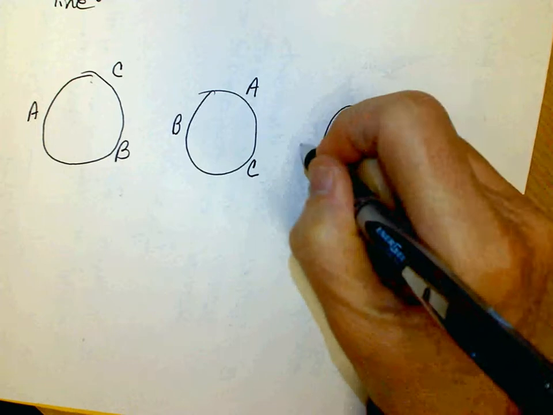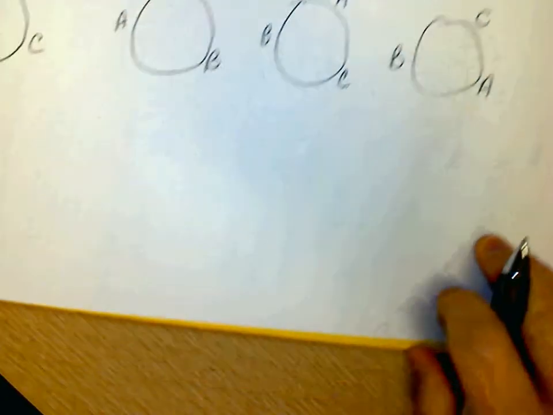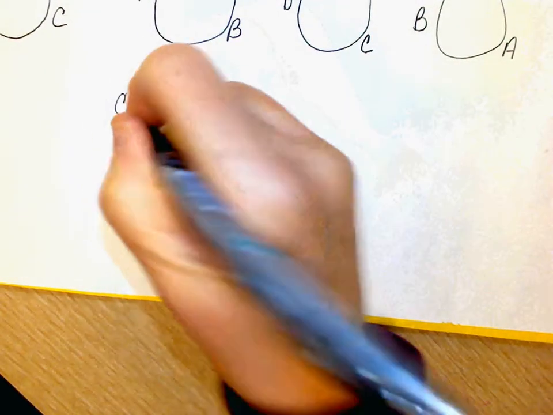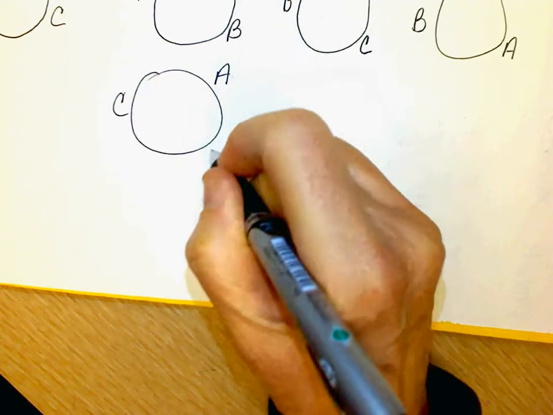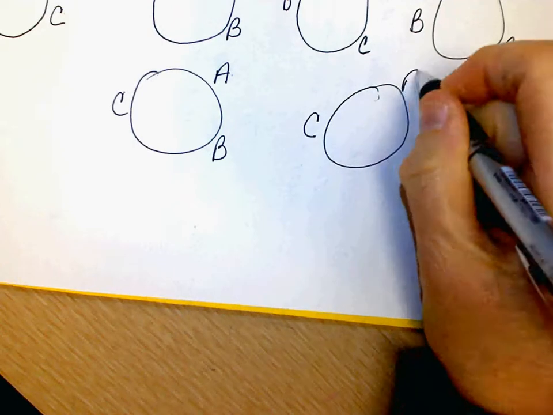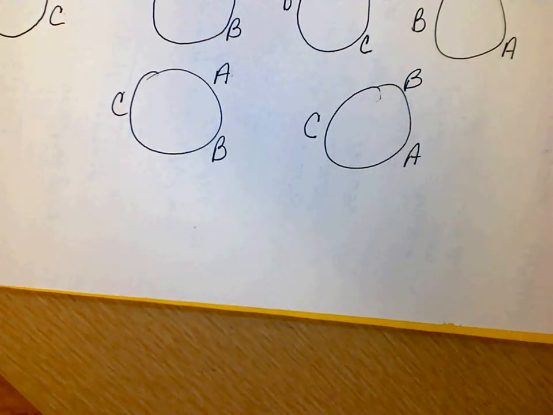Or if B sits there, C can sit there and A can sit there. Or if C sits there, then A can sit there and B can sit there. Or if C sits there, then B can sit there. All right. So far, so good?